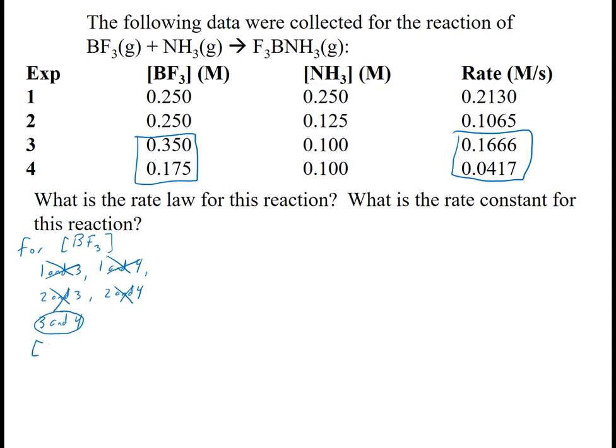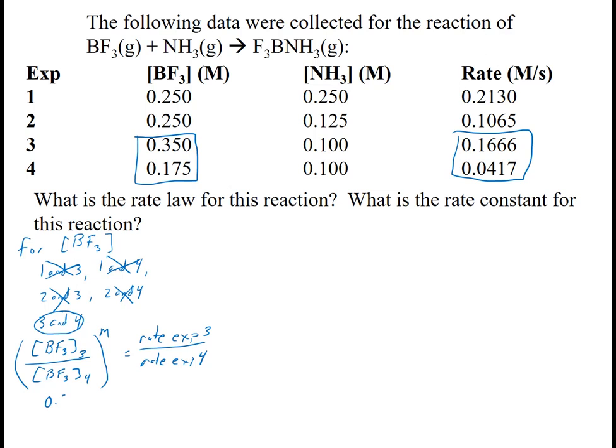So I have the concentration of BF3 for number 3 over the concentration of BF3 for number 4, to the M, is the rate for experiment 3 over the rate for experiment 4. Again, I want to make sure that these 2 numbers are the same. 3 and 3 are both on top, 4 and 4 are both on the bottom.